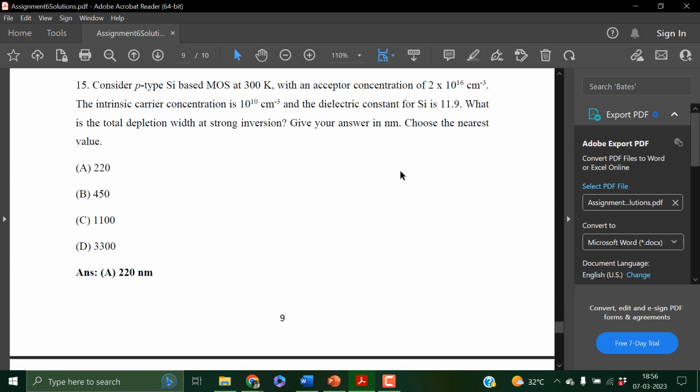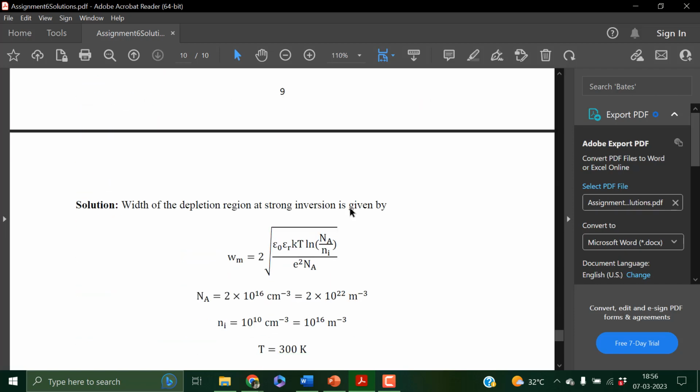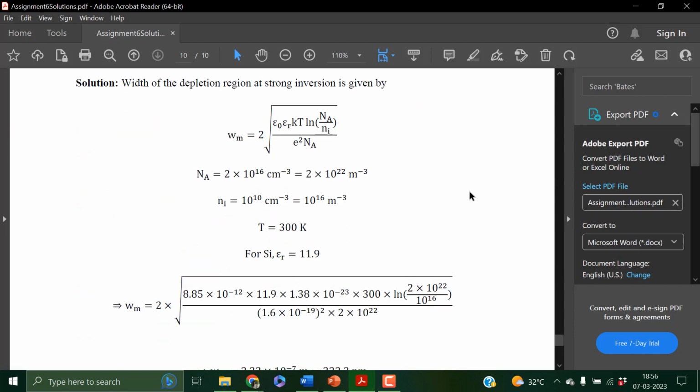So the final question is: consider a p-type silicon based MOSFET at 300 Kelvin with an acceptor concentration of 2 into 10 power 16 per centimeter cubed. The intrinsic carrier concentration is given, the dielectric constant is given, and what is the total depletion width at strong inversion? We have to answer in nanometers. First, basically, the equation for width you might remember from week 4.